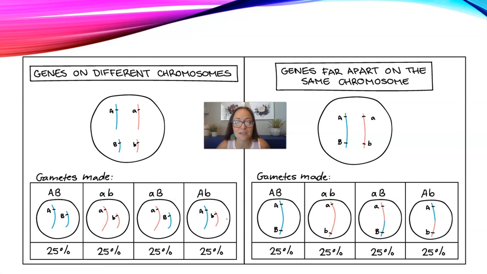However, sometimes if the traits are on the same chromosome, they would not be segregating independently from each other. They would be going together.